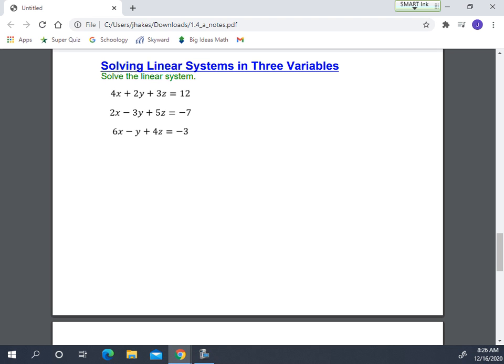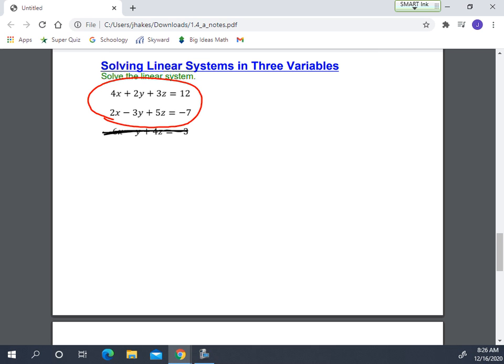Try to ignore one of these equations, either the top one or the bottom one. Just try to ignore one to start. Right now, I'm going to ignore this equation for now, and only start with these 2 equations.